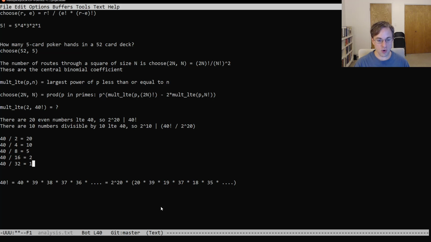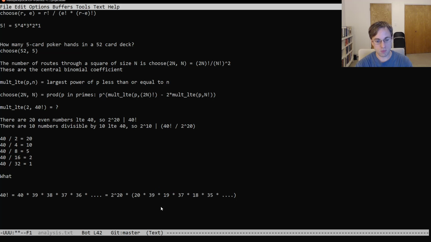Okay, so what can we conclude from this? In particular, we can conclude that 2 to the power of 20 plus 10 plus 5 plus 2 plus 1 divides 40 factorial.